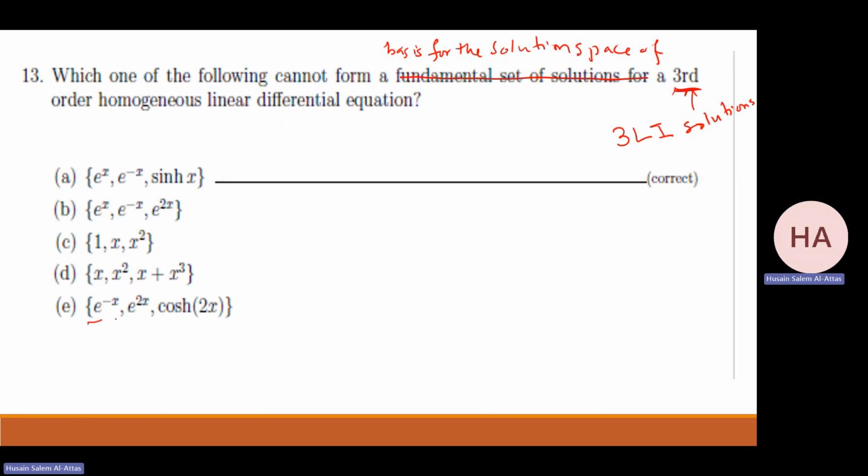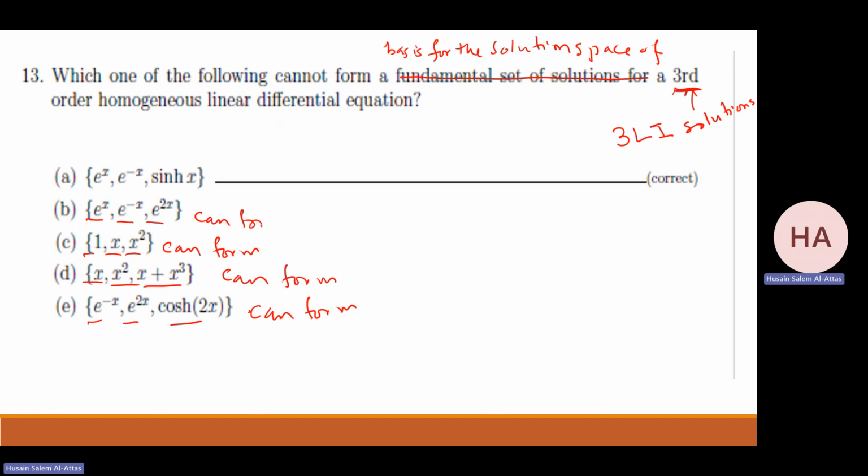These are 3 and they are linearly independent. This can. These are 3 and linearly independent. You can check through maybe Wronskian. These are 3 and linearly independent.